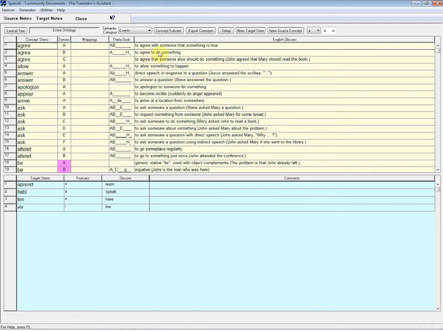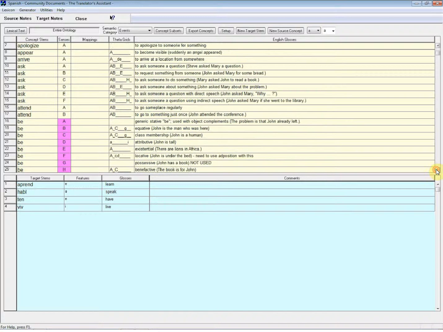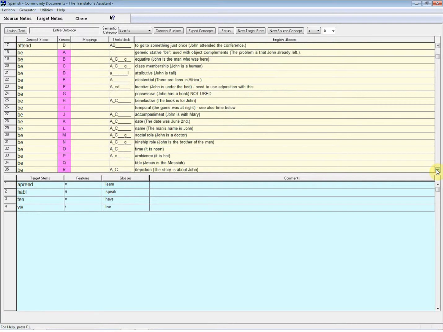So let's look down at ask. Again, you can look through those and see there's ask a question, to request something, to ask someone to do something. These are all separate meanings of ask. Again, there are some in here with similar meanings, but they expect different argument structures. Separating out these argument structures makes it easier in translation. We have all of these concepts for be.